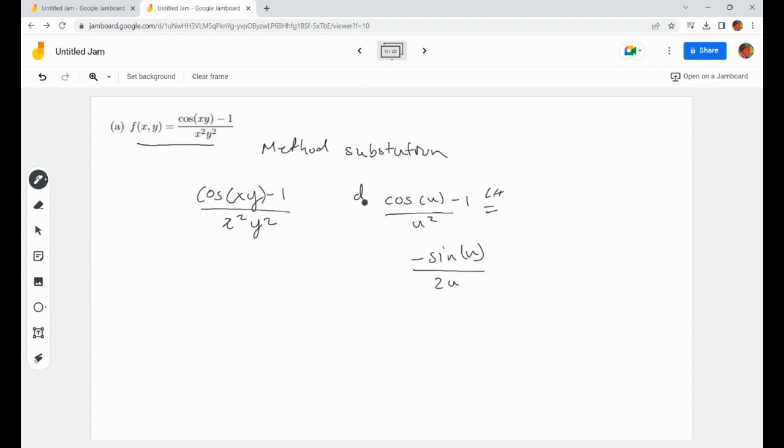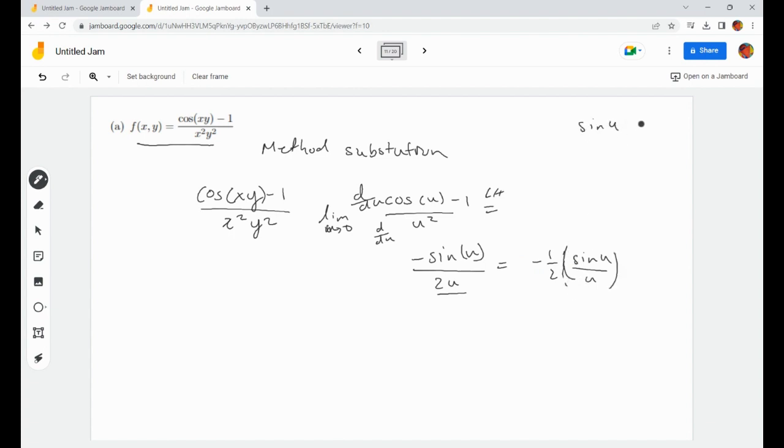Because you differentiate on both sides with respect to u. This is the limit as u goes to 0. So we can also write that as negative 1/2 times sine u over u.